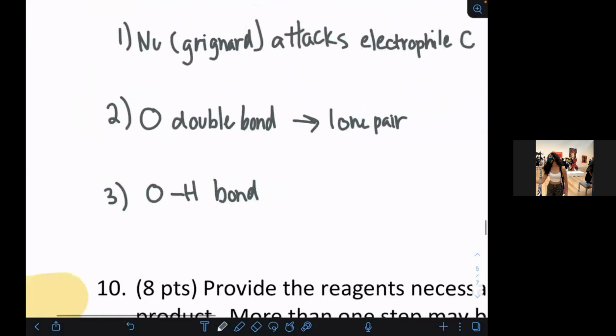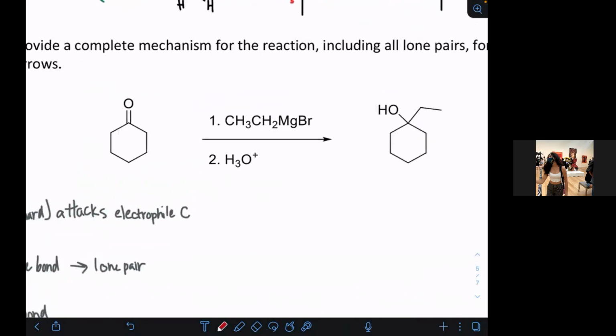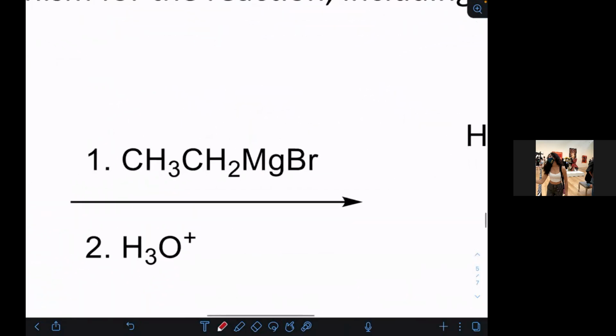I guess. Okay. So for this one, the complete mechanism would be, we'd show this positive and this one negative, I think.